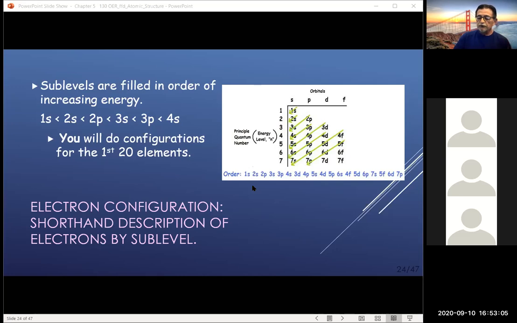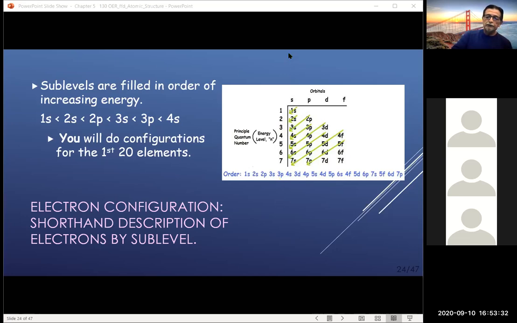Remember that the maximum number for the S is 2, the maximum number for the P is 6, and for the D is 10, and the F is 14, okay? So you're going to see a superscript here in a bit. So you can use this diagram, okay? Or you can use the periodic table to help you out.